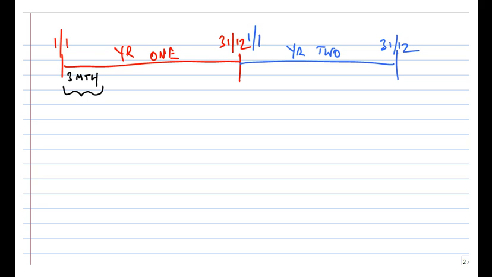Let's say we're looking at the first 3 months of year 1, so that would be January, February and March. We might receive a telephone bill, for instance, but we may not receive it until after the end of that 3-month period. We might not receive that bill until sometime in April. That's very common. It's what we sometimes refer to as invoicing in arrears. So we might not receive the bill for January, February and March until sometime in April.